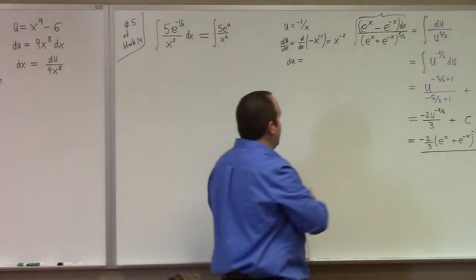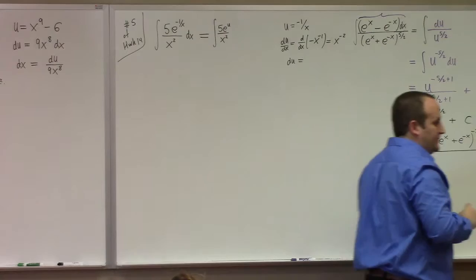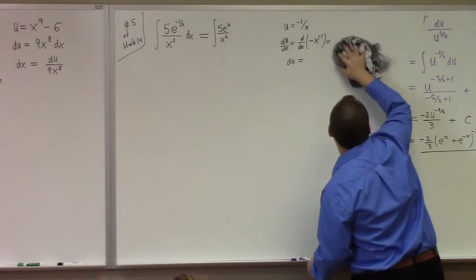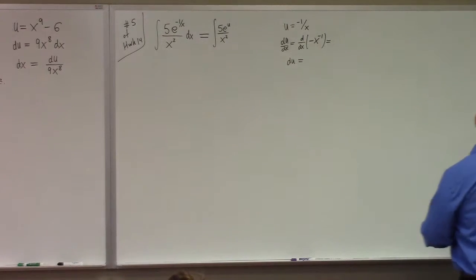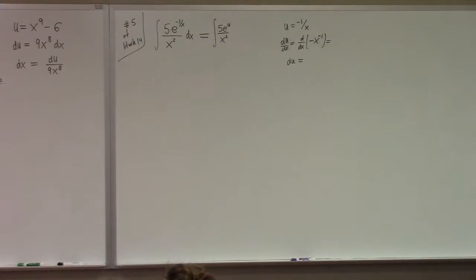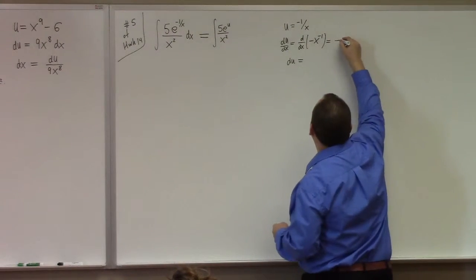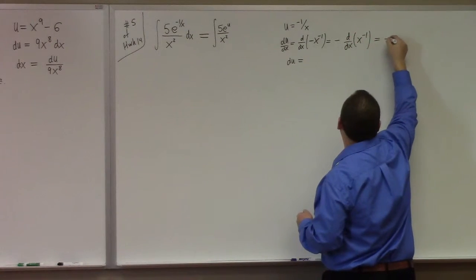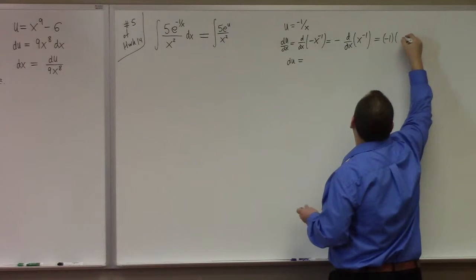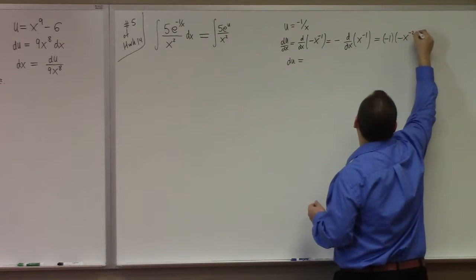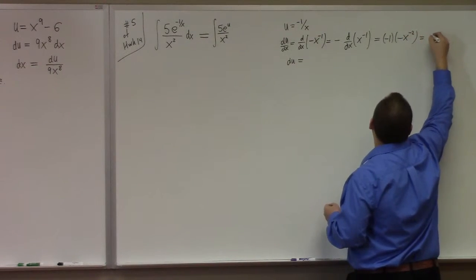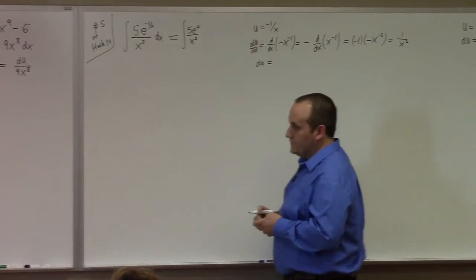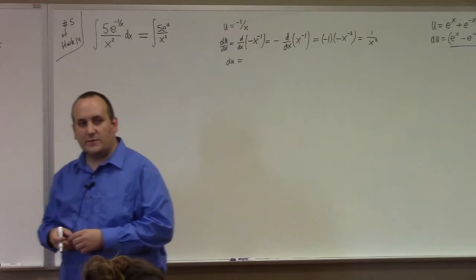Or to show the steps, pull the minus out, right? Minus d dx of x to the minus 1, which is what? Minus 1 times minus x to the minus 2. In other words, it's 1 over x squared. The derivative of minus 1 over x is 1 over x squared, is my point.